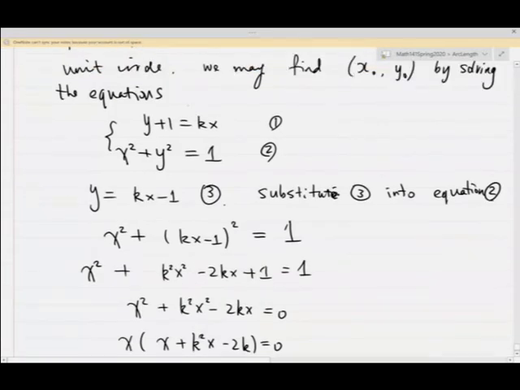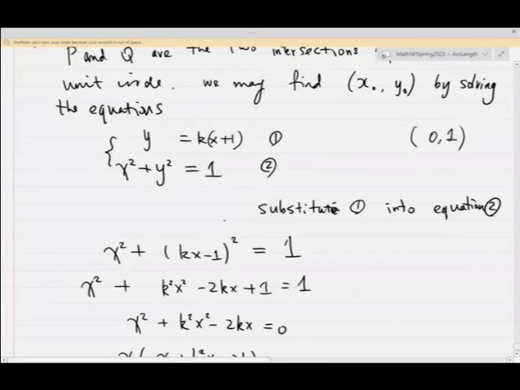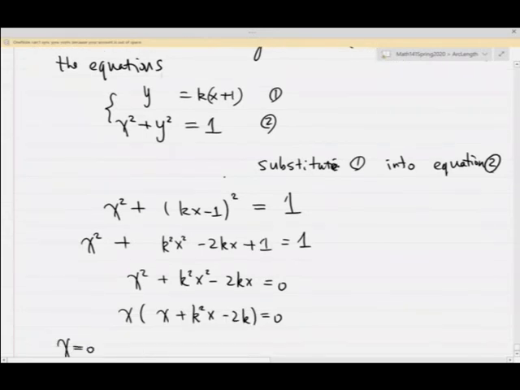In my notes I use a different point Q. So here let's do it in this form. Sorry, because here you may use this point P, but you can also use another point, which is this point 0, 1. This is the example that I use in my notes. So let's do it again. This will be totally different.